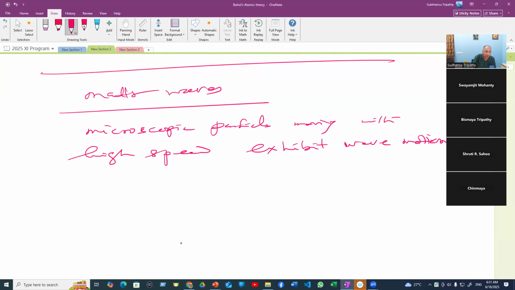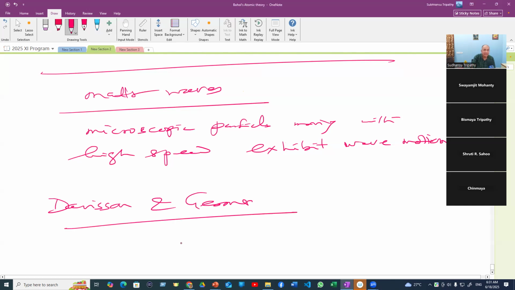So say Davisson and Germer, these are the two scientists. They brought an electron beam from a cathode tube in place of X-rays, which is also traveling very close, not exactly as C. X-rays are moving with C, velocity the same as light, exactly the same. But the electron beam is not traveling with C, but it is close to C. So the matter was placed in a slanting way in a nickel sulfide screen and they took the diffraction pattern in a photograph.